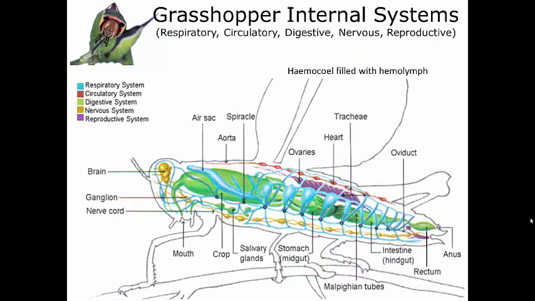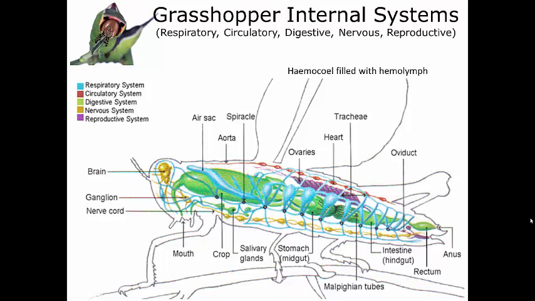So remember back a couple of weeks ago, I talked very briefly about the internal systems of an arthropod. Remember this? I'm going to be reviewing some of those systems today with a little bit more detail and have it specifically for insects. The insect exoskeleton, if you remember, is a hollow tube, right? It gives the space for these internal organs to be suspended.